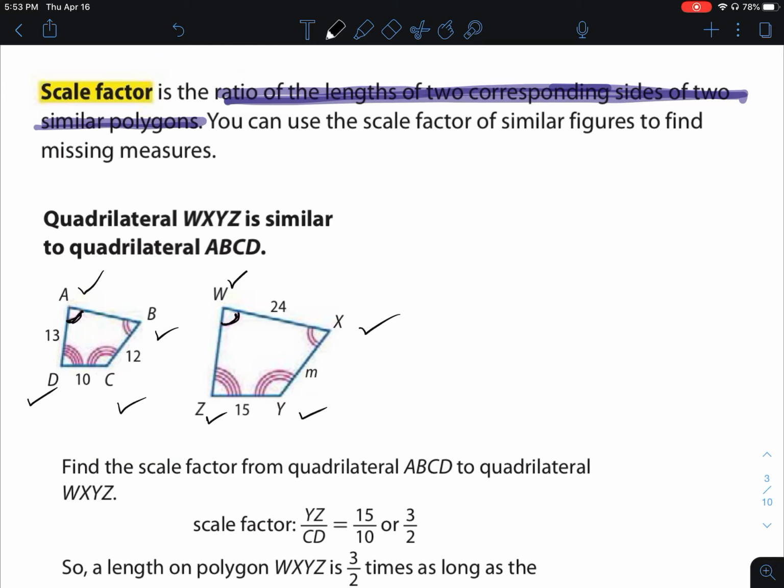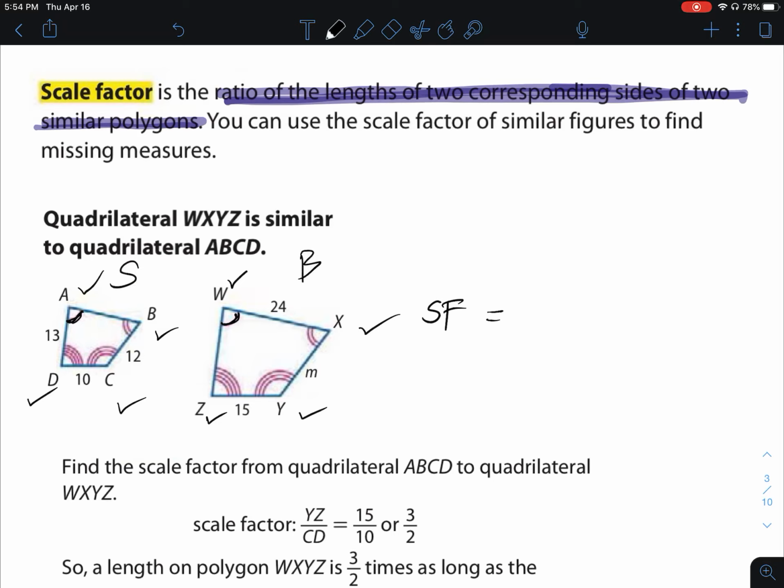Okay, let's go back. So we want to find the scale factor from quadrilateral ABCD to quadrilateral WXYZ. So for our own purposes, to be able to find the scale factor or SF, we are going to get the side of the bigger figure. In this case, this is our bigger figure.